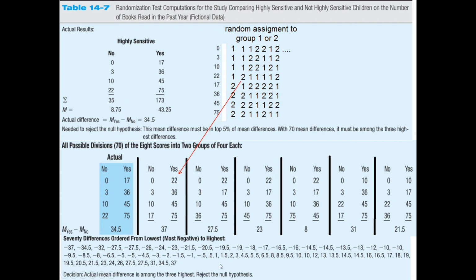And what we found is that it is very unlikely that with any other assignment we could get a bigger difference between groups. So it is in the top 5%, and we can say that this is a significant difference. So the null hypothesis was that there was no difference, and here we reject this null hypothesis.